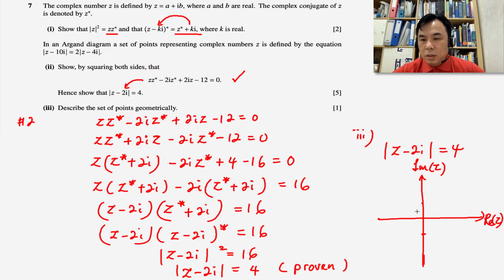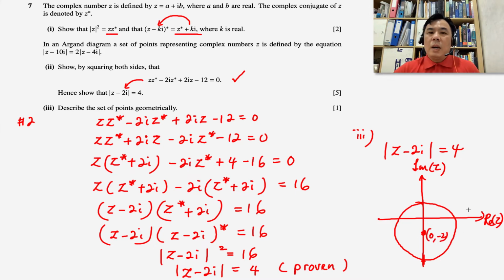So it is a circle. Let's hope that I can draw it as accurately as possible. Please forgive me on this. This is the center of the circle. The center is at 0, negative 2 here.